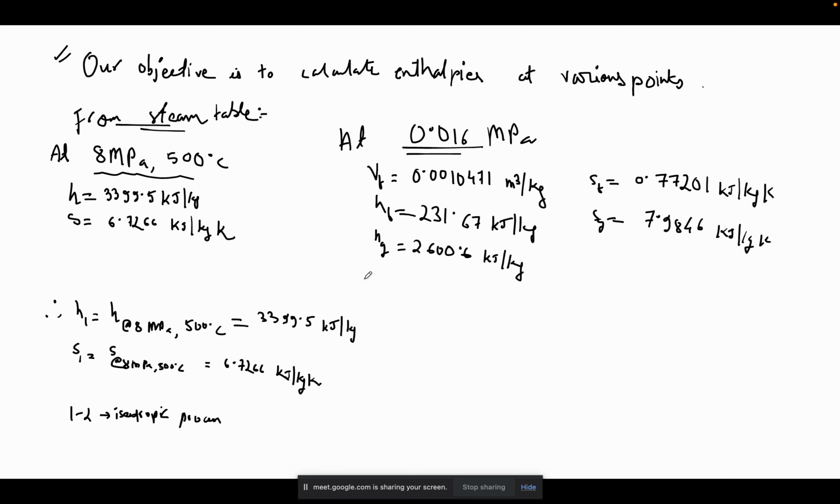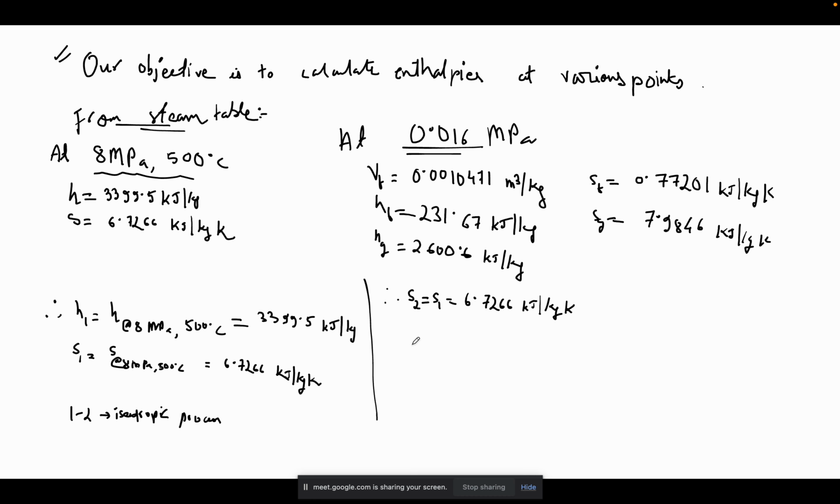So therefore my S2 will be equal to my S1, and that will also be equal to 6.7266 kilojoule per kg Kelvin.